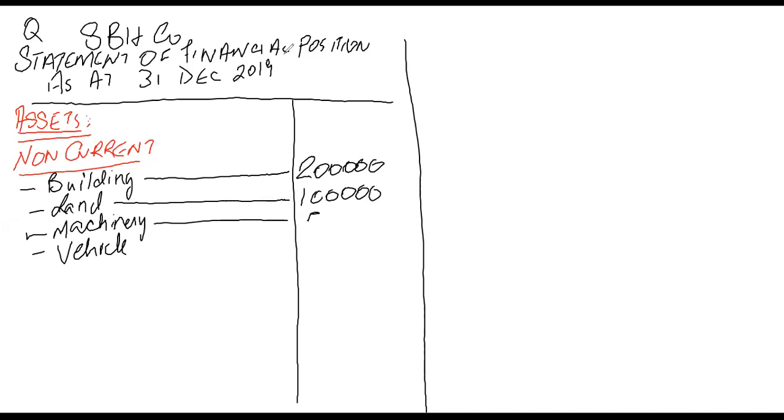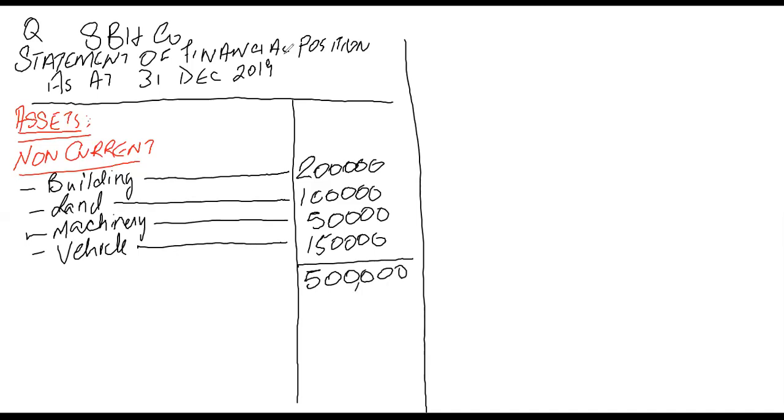Machinery constitutes 50,000, and vehicle constitutes 150,000. So this makes 300,000, 400,000, and 500,000 for the entire set of non-current assets. Let me make another column.